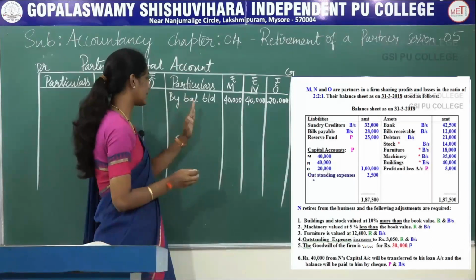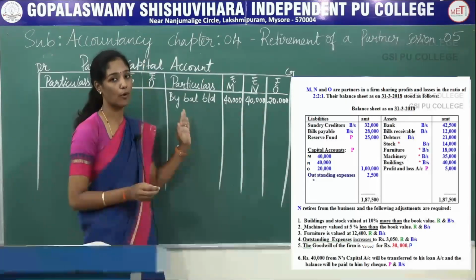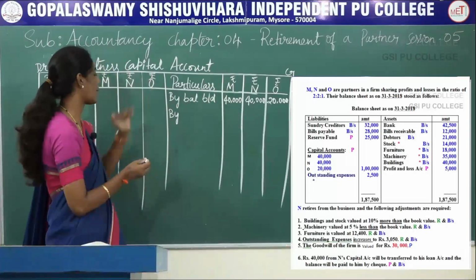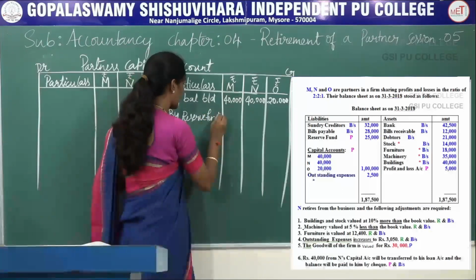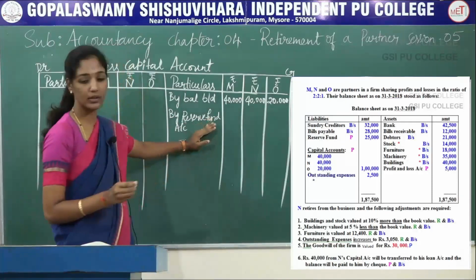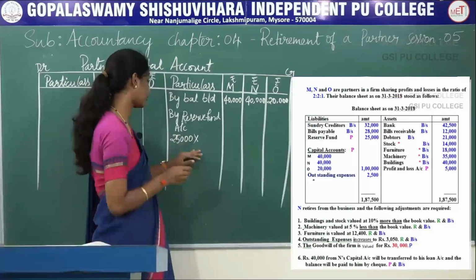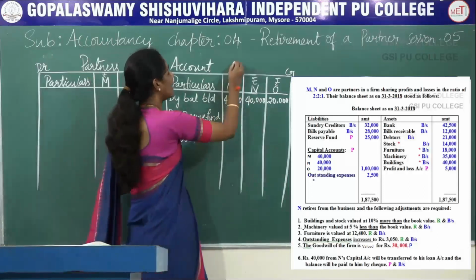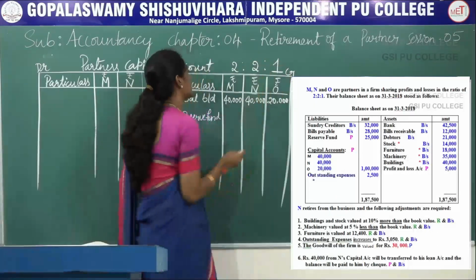Next, you should distribute the reserve fund also among all the partners in their old profit sharing ratio. That should be recorded on the credit side of the partners capital account as by reserve fund account. The balance of reserve fund is 25,000 and it should be distributed among all the partners in their old profit sharing ratio, and their ratio will be 2:2:1.